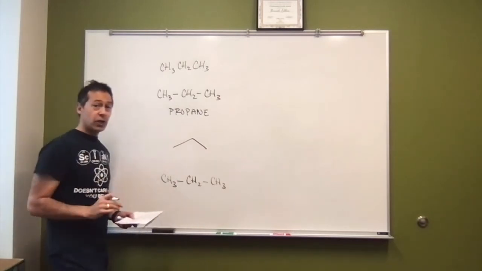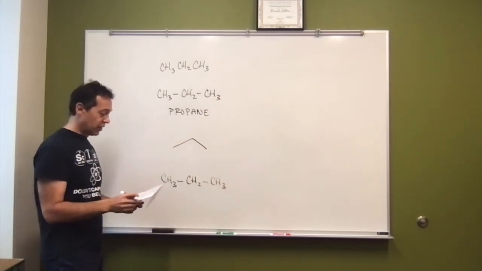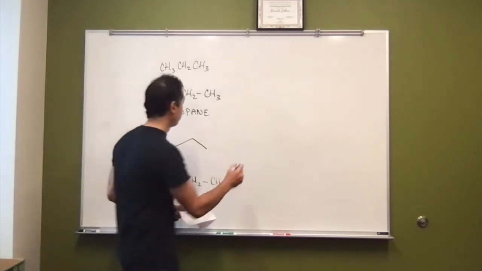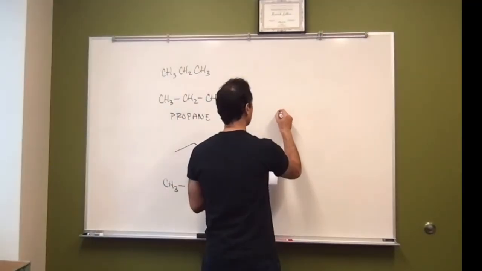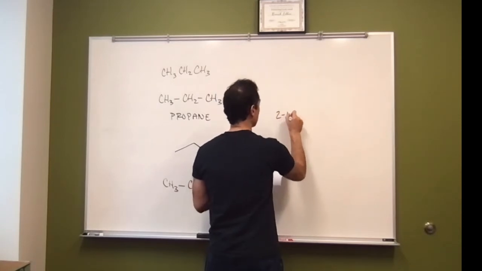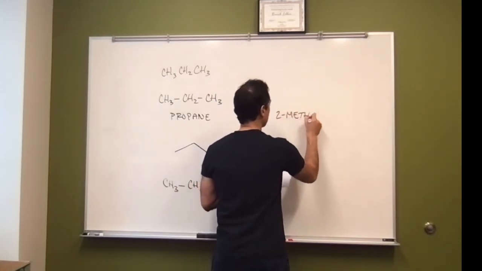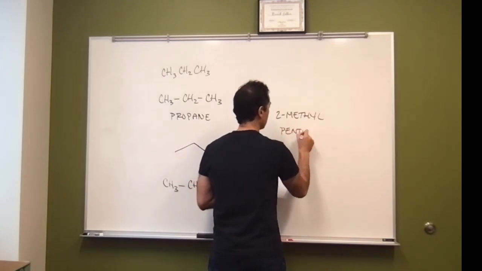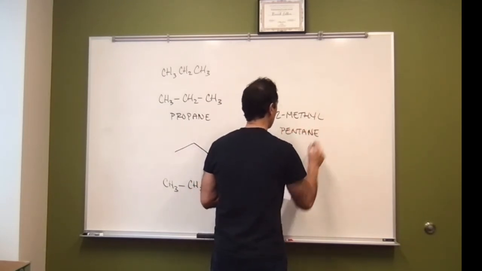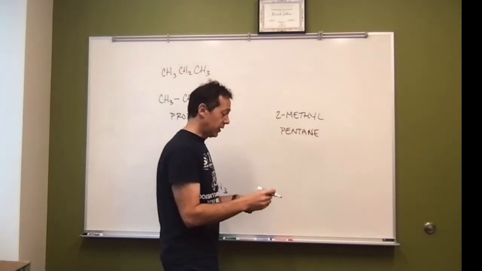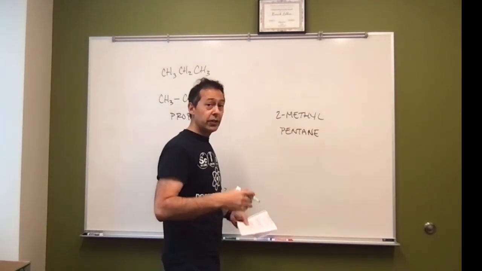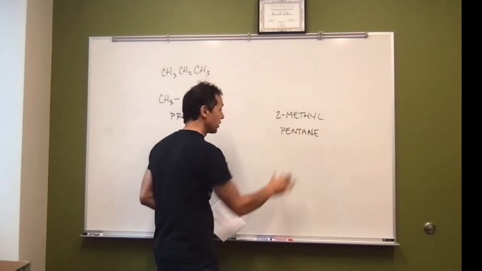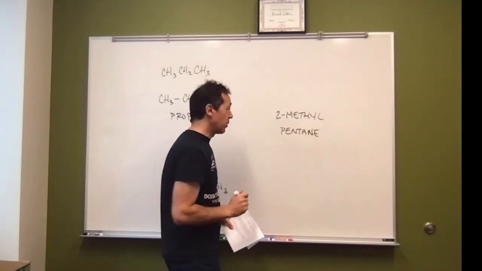Now, if I were to draw something a little more complex, let's try something like 2-methylpentane. Now, if I were to write out the formula for this, or the skeletal structure for this, pentane has got 5 carbon atoms.